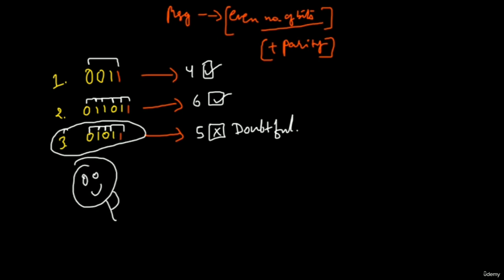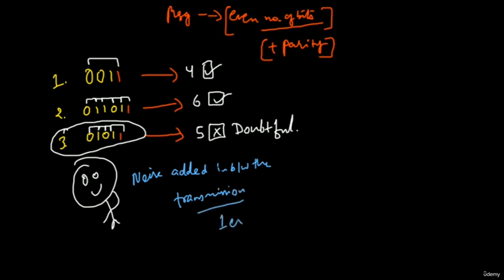So what can possibly be wrong in this? Well, the possibility of it being wrong is because of noise added in between during the transmission. When the noise is added during the transmission, this is what is causing 1 extra bit.